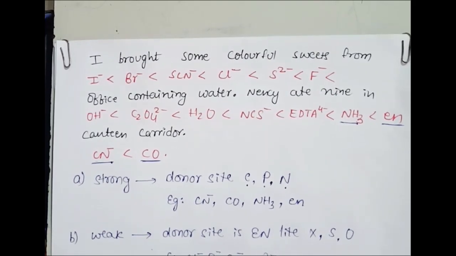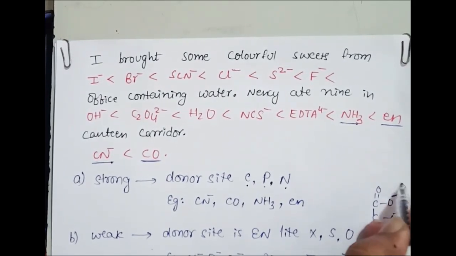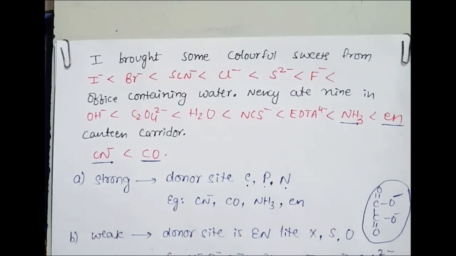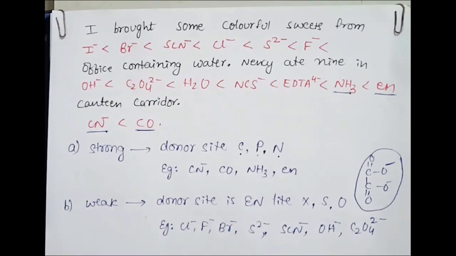Then S2 minus, then SCN minus, where sulfur is the donor site, or OH minus, or oxalate C2O4 2 minus. What is the donor site in oxalate ion? That is oxygen. This is the oxalate ion structure. So in this way, weak and strong ligands can be easily remembered.